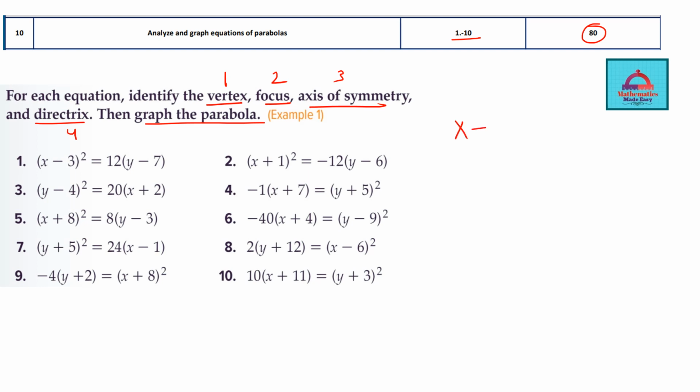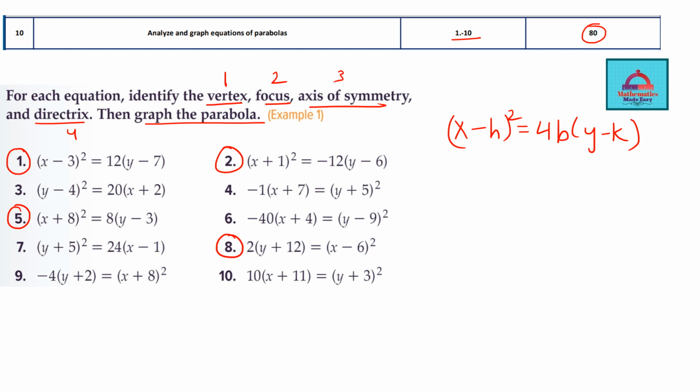So the first kind of parabola that you saw was (x minus h) whole square equal to 4p times (y minus k). And if you see carefully, question 1, question 2, question 5, these are the questions along with question 8 that are based on this equation.